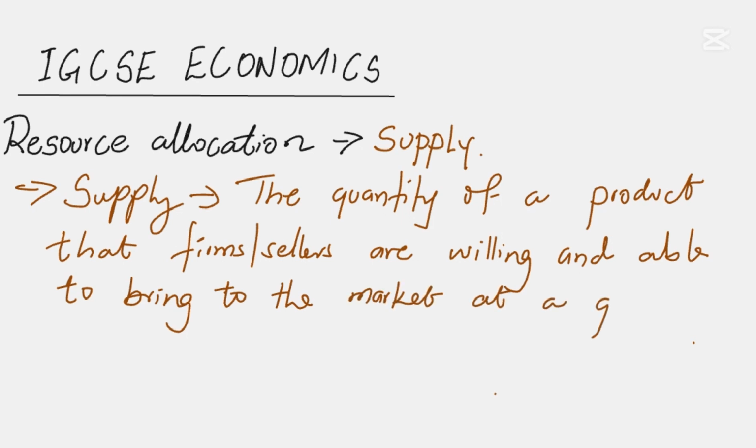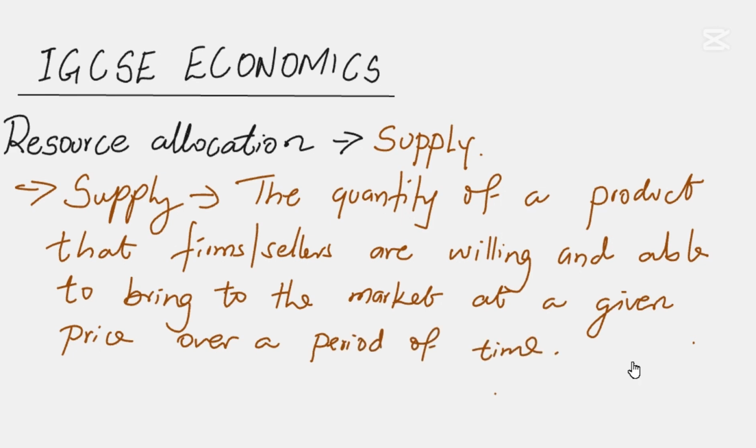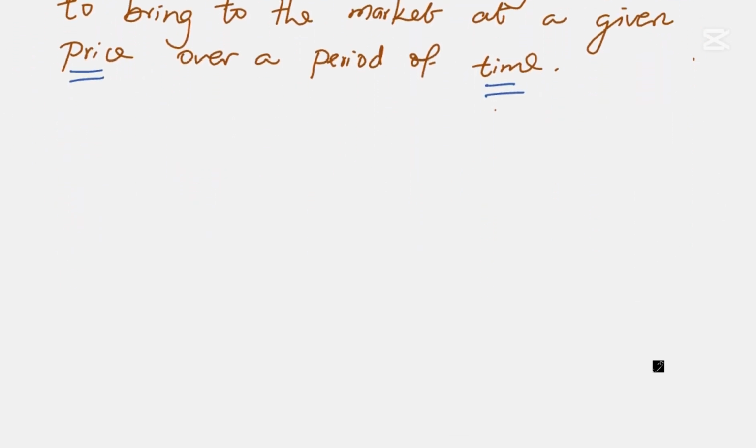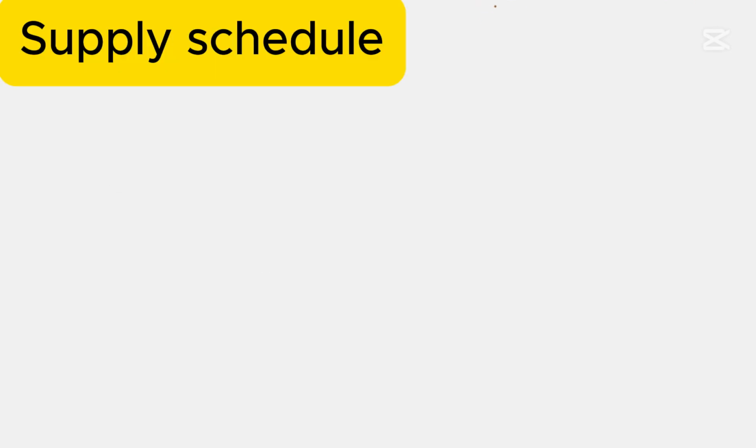So the quantity of a product that firms or sellers are willing and able to bring to the market at a given price over a given period of time defines supply. Key things: willingness, ability, specific price, and time.